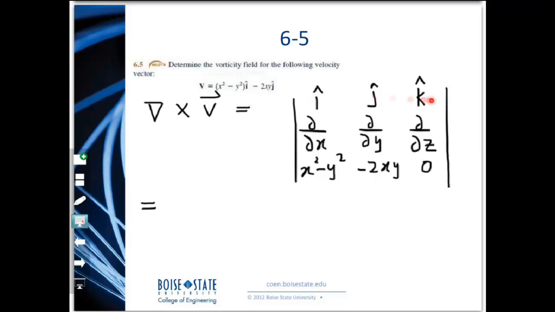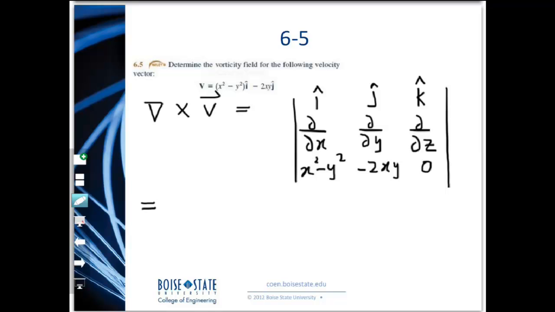And similarly, if I want to do this one here, it will be minus j times this, so again that is 0, minus this times this, and since this is independent of z, again that becomes 0. However, the k component will not be 0, it will have some value.